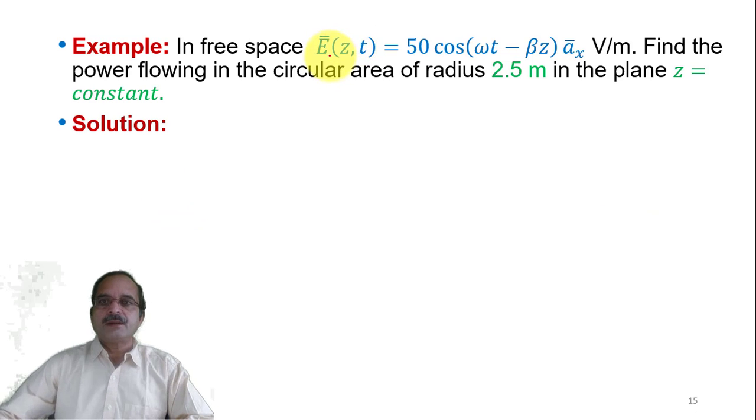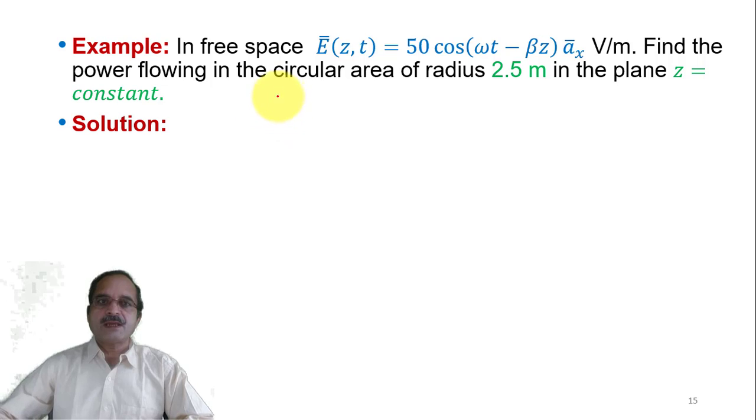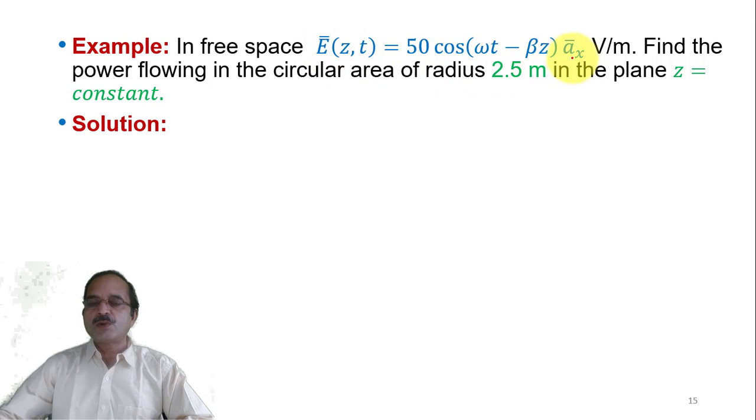Now let us go through one example. Here an equation is given for the electric field: E(z,t) equals 50 cos(omega t minus beta z) ax. So it is an electric field vector oriented in the x direction, and we are asked to find the power flowing in a circular area of radius 2.5 meter in the plane z equal to constant.